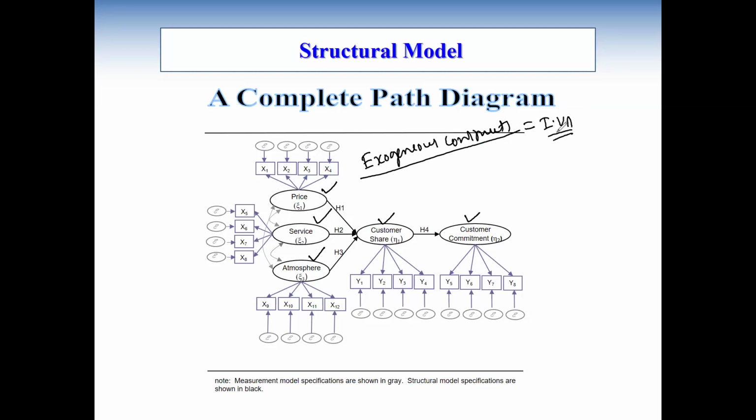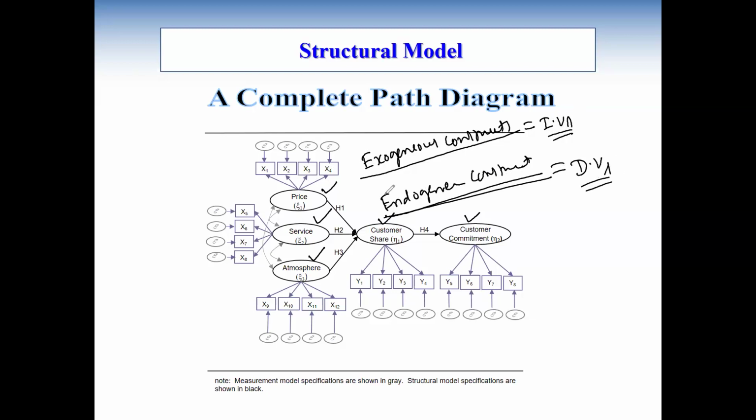When we combine 2 or 3 or more questions and club them to make a construct of independent variables, it is known as an exogenous construct. When we club many dependent variables together, then the construct is known as an endogenous construct.